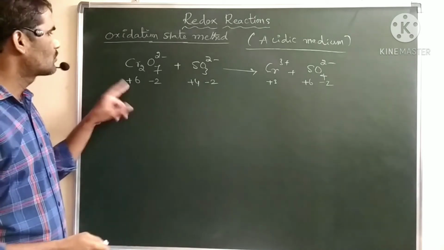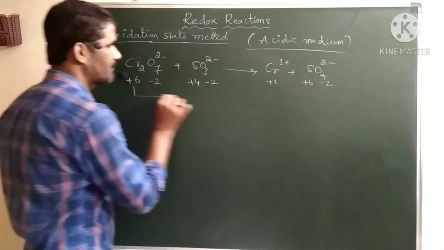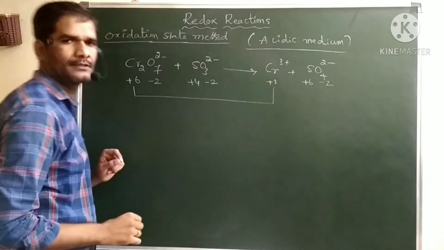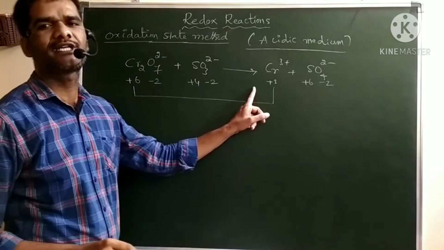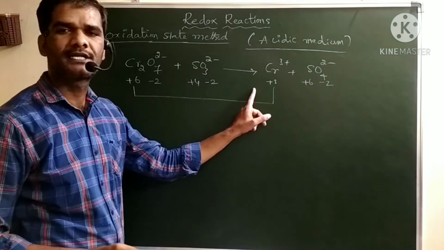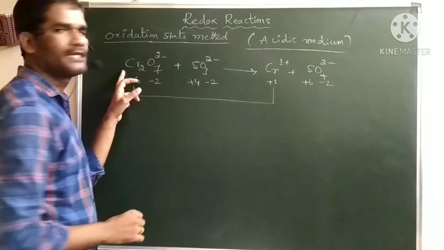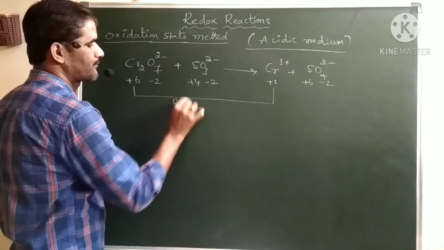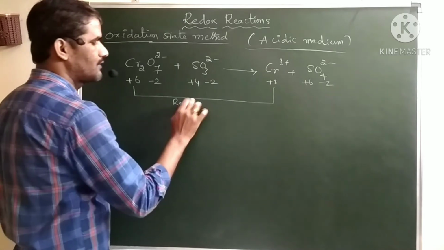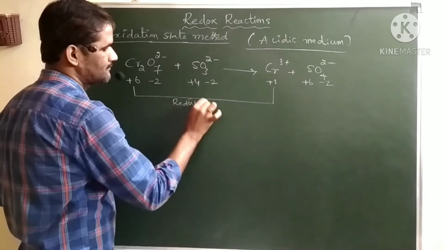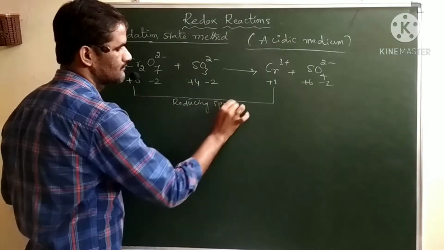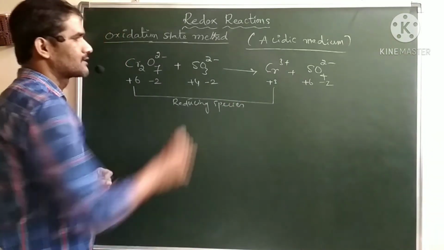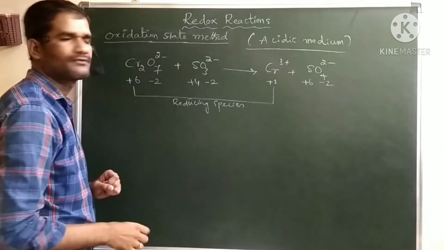Now see, chromium, the oxidation state is changing from plus 6 to plus 3. Means in this case the oxidation state is decreasing. Oxidation state decreasing means what? It is going reduction. So this is a reduction part. Next, SO3 2 minus to SO4 2 minus.